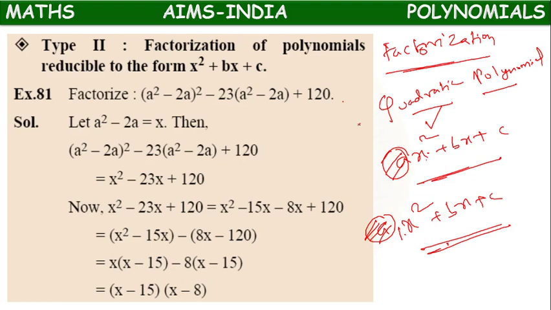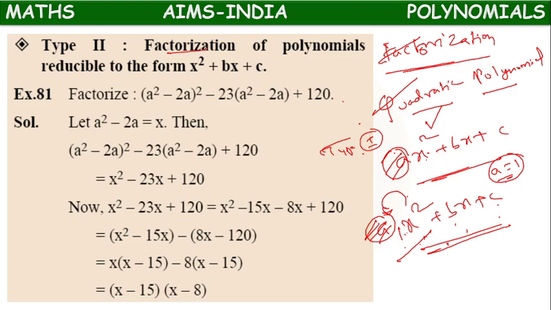So in type 1 we have learnt factorization of quadratic polynomials in the form of x square plus bx plus c, not ax square, where the x square coefficient is 1. That we have discussed. Next.